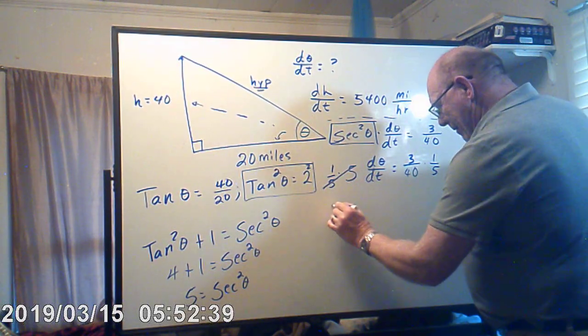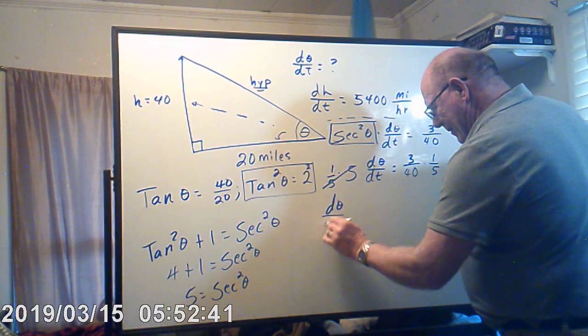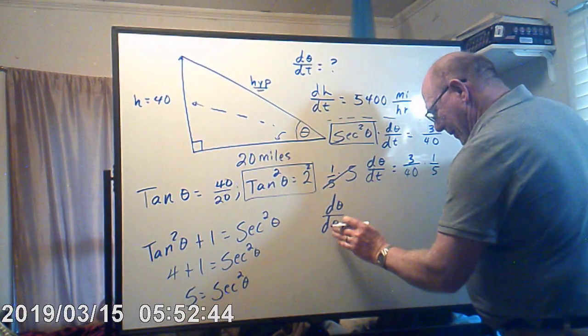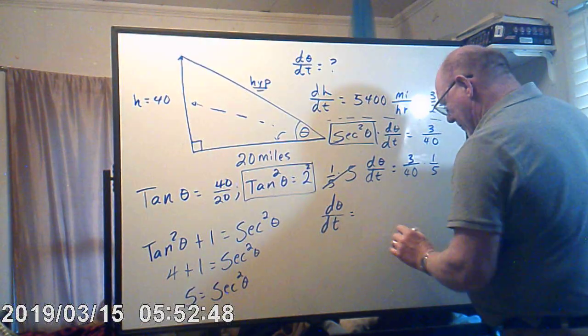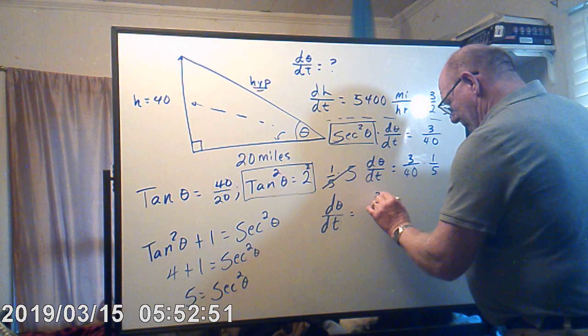Notice that goes out, and now d theta over dt is equal to 3 over 200.